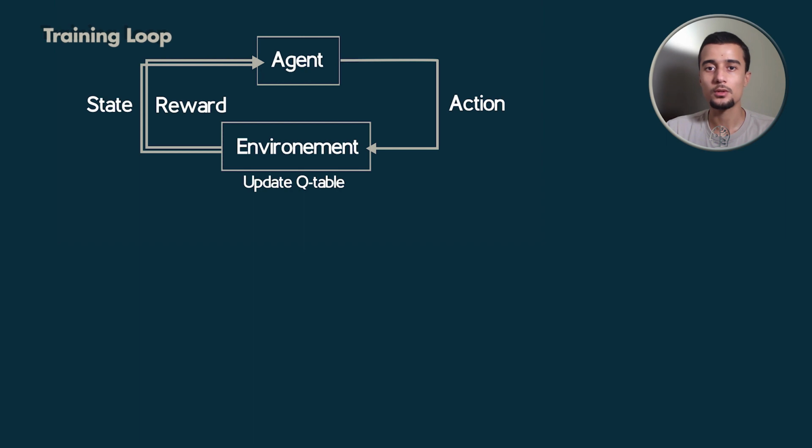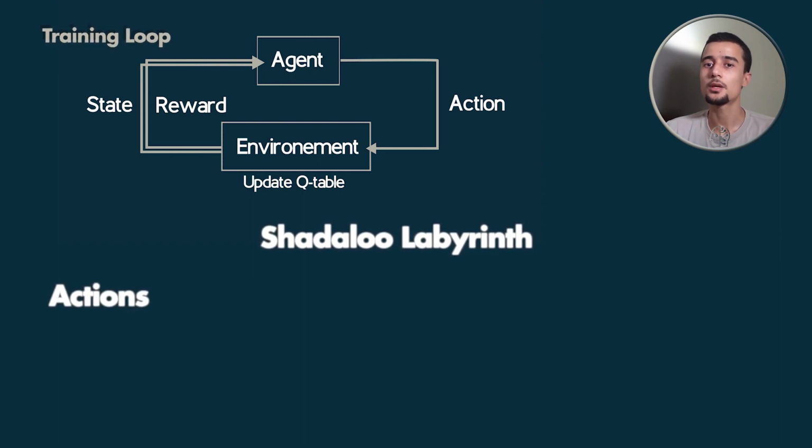As you can imagine, the different components in this reinforcement learning approach need to be well defined and well engineered for the problem that we're trying to solve. For example, in our case, the actions that can be taken by the agent are either going up, down, left or right, given that the agent moves on the grid.